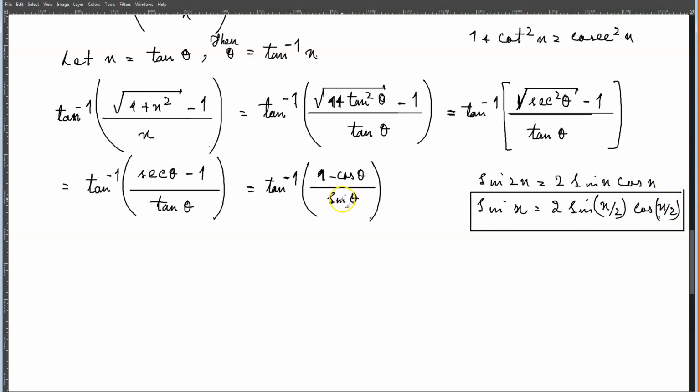Moreover, I can write 1 minus cos theta.